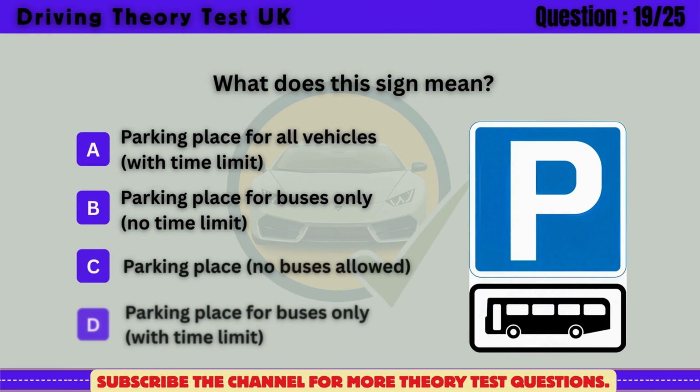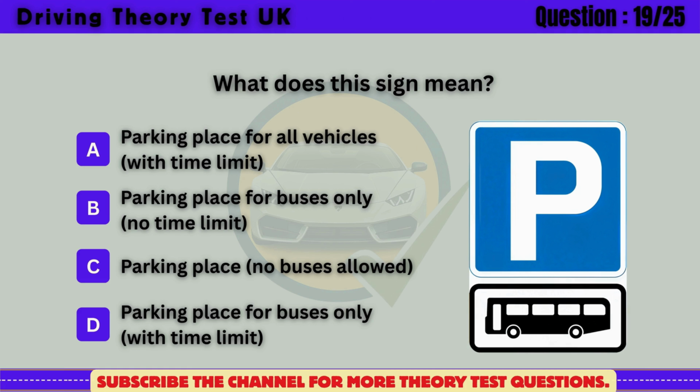Question 19. What does this sign mean? A. Parking place for all vehicles, with time limit. B. Parking place for buses only, no time limit. C. Parking place, no buses allowed.